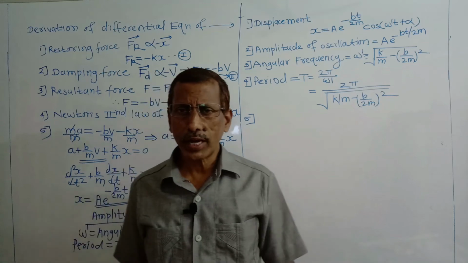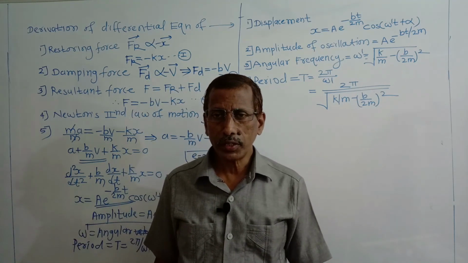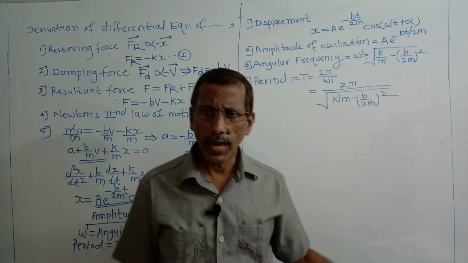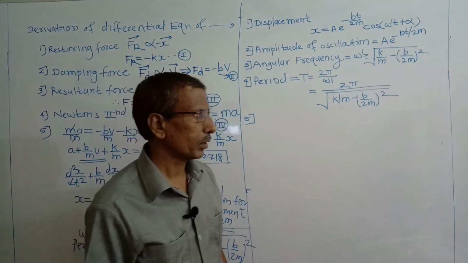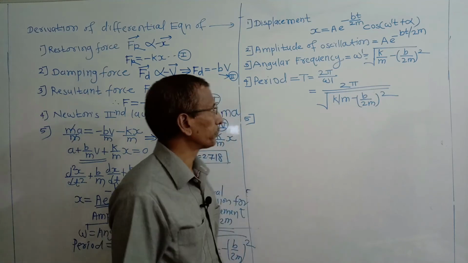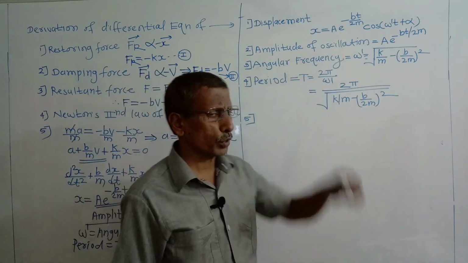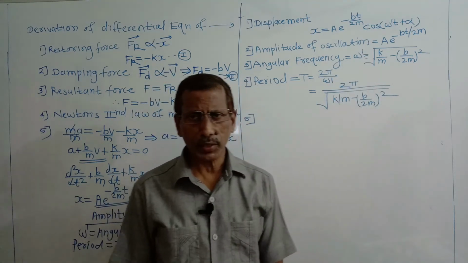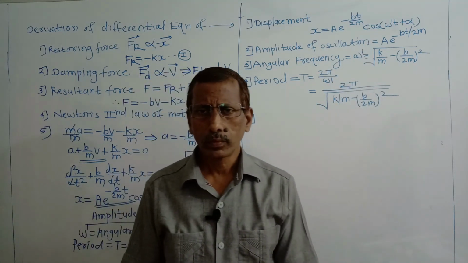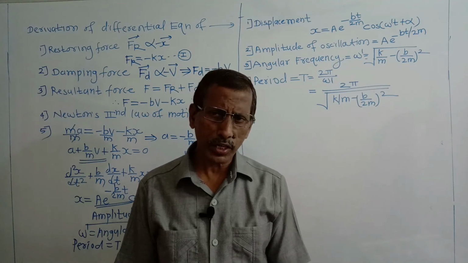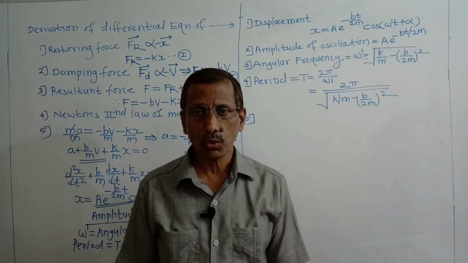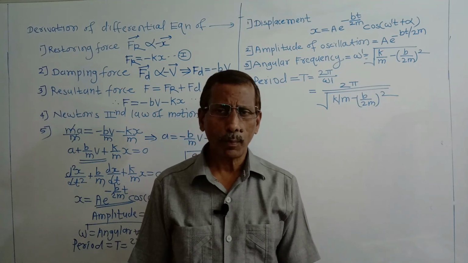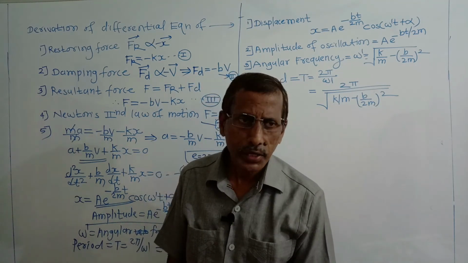So you can say that the displacement is also going to decrease as the time is increasing. Similarly, we studied that the amplitude of oscillation is equal to A e^(-bt/2m). As the time increases, the value of the amplitude is also going to decrease gradually.